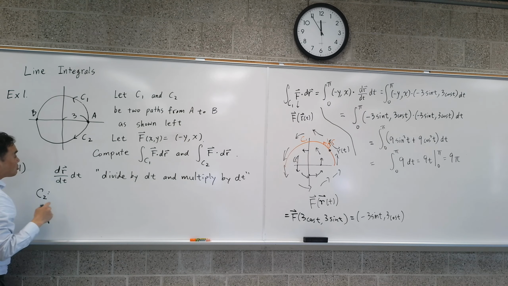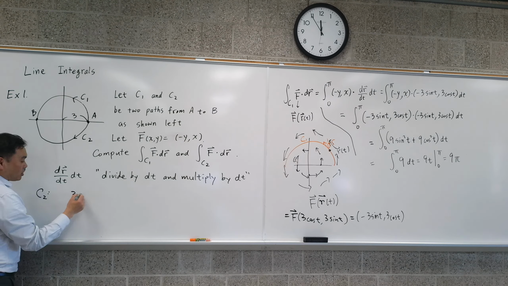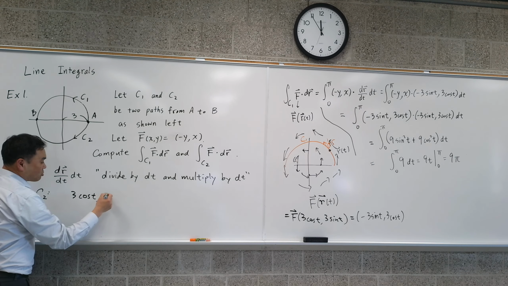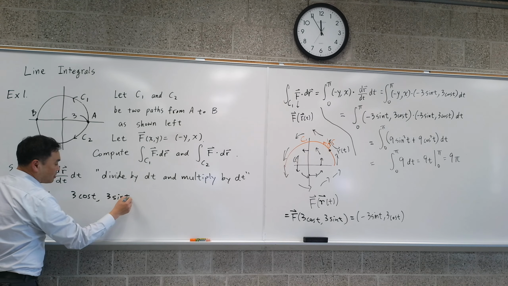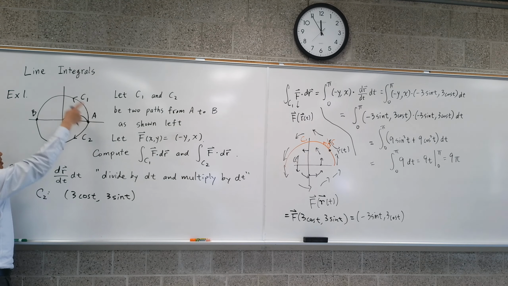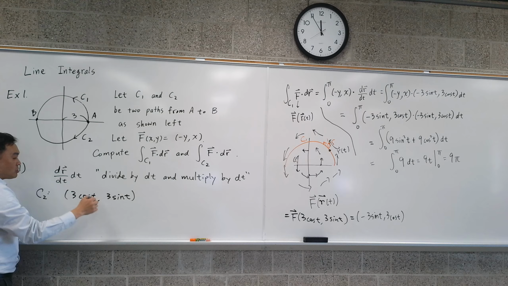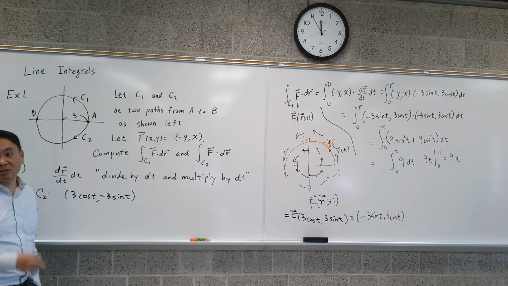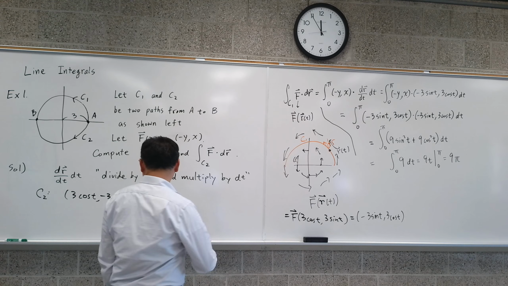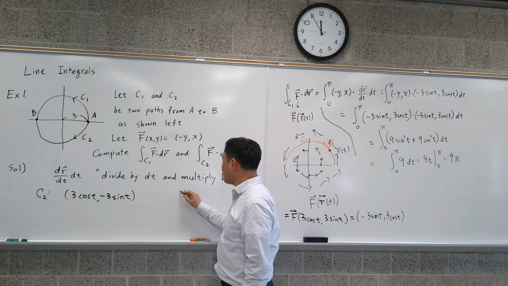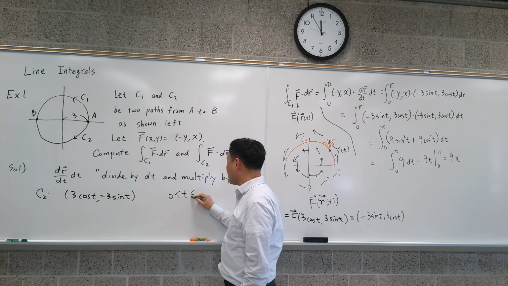So one option is 3 cosine t, 3 sine t, which was C1, but just put a minus on the y-coordinate, and that's it. Then it's easy. t goes from 0 to 2 pi.